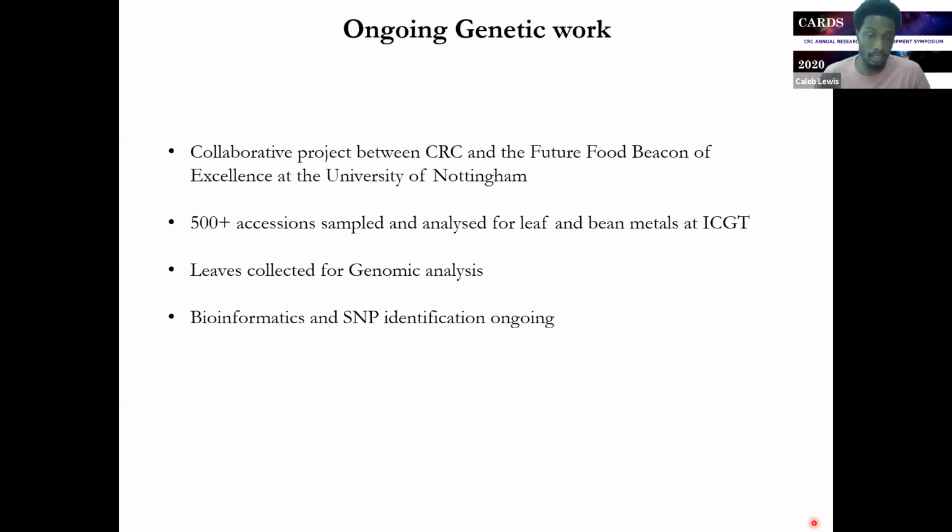In this work, which is currently ongoing in terms of the analysis, the collection is already done. 500 plus accessions were sampled and analyzed for leaf and bean metals at ICGT. This was a project in collaboration with CRC and the Future Food Beacon of Excellence. Leaves were collected for genomic analysis, and bioinformatics and SNP identification is going on currently.